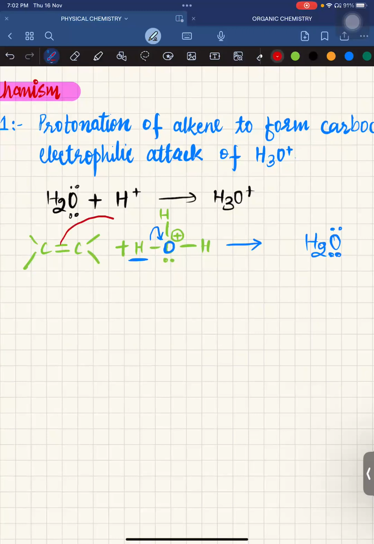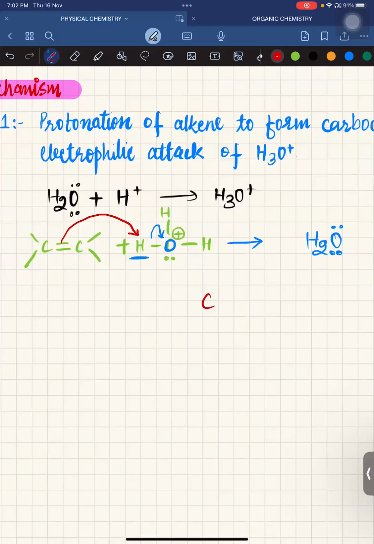So this alkene, which is acting as nucleophile, basically attacks this hydrogen. So there will be formation of carbocation. Basically, this carbon will be taking this carbon's electron, so there will be a negative charge, and that negative charge will satisfy this hydrogen. It becomes like this, and this is the carbocation. Are you getting my point, both of you? So in the first step, formation of carbocation takes place. Is that clear?